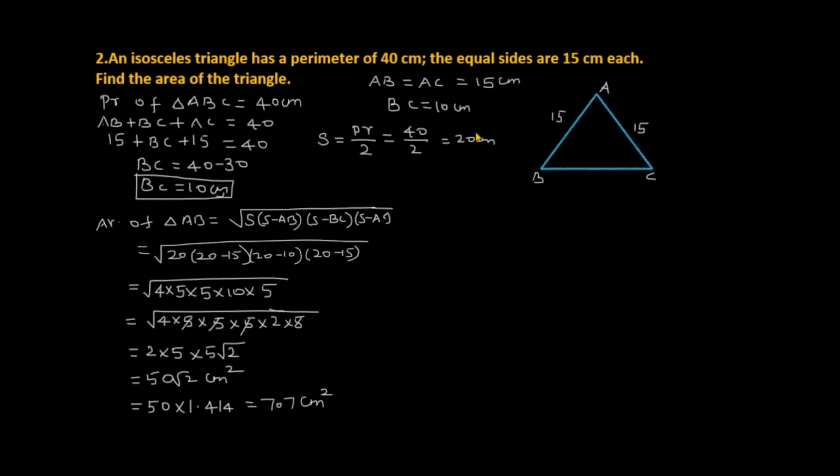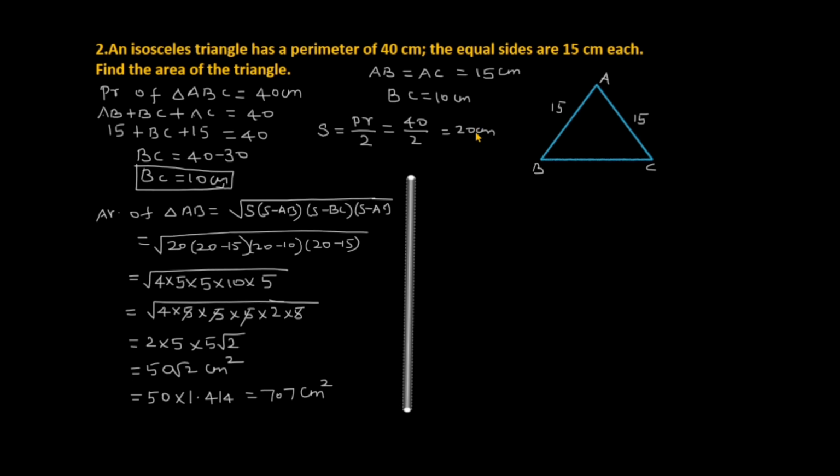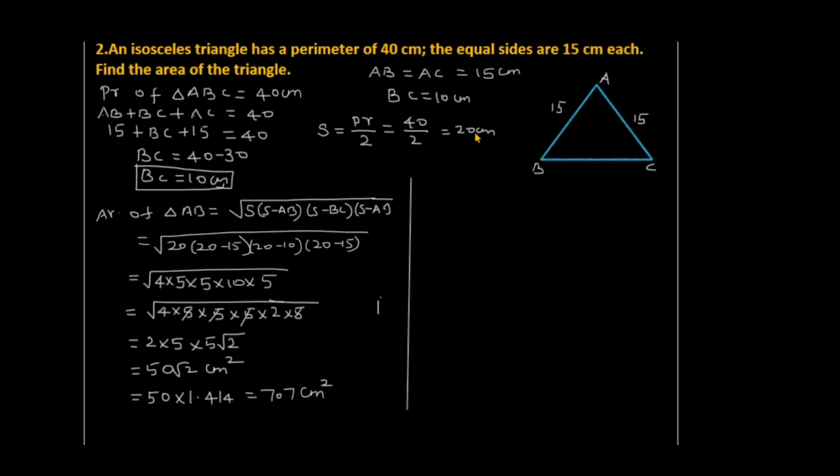We can use another way to find the area. For that, we know another formula. If we know the height of the triangle, we can use the formula half into base into height.